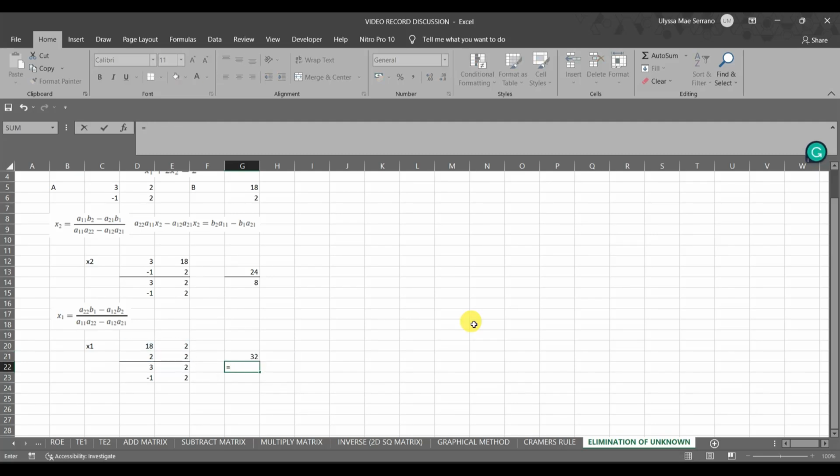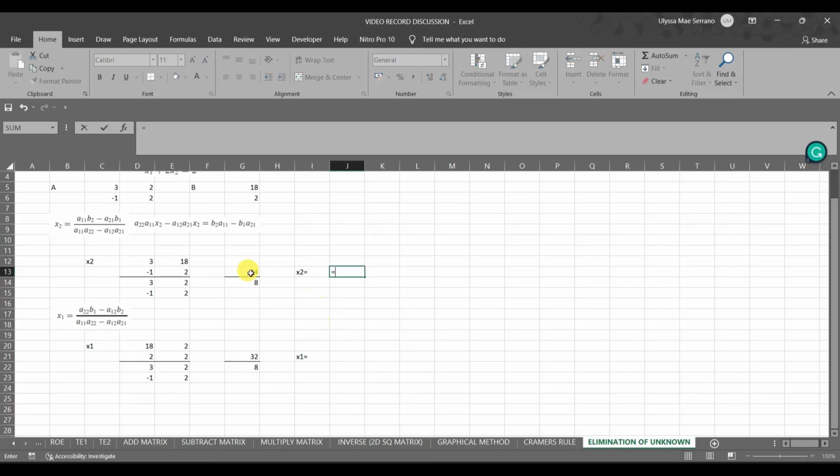Take note that your denominator should be the same because this is the determinant of the given coefficients. So, they should have the same result. And for our x sub 2 and for our x sub 1, we will be able to find the values of x sub 2 and x sub 1.